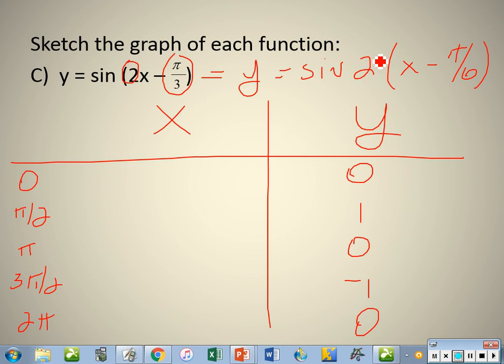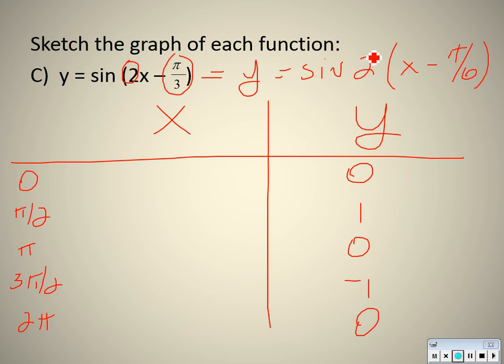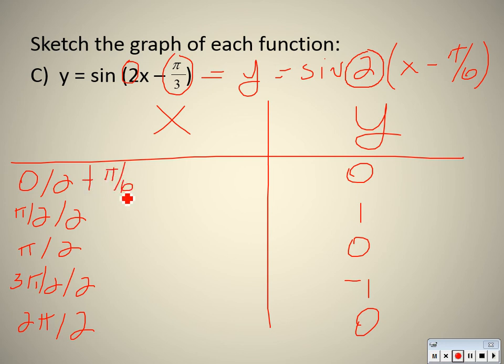So what I want to do with this 2 that's outside the parentheses here is I want to take each of my x values and I'm going to divide by 2. Then, because I have minus pi over 6 in the parentheses, so remember, subtracting in the parentheses moves everything to the right. So mathematically speaking, I want to add pi over 6 to the end here.